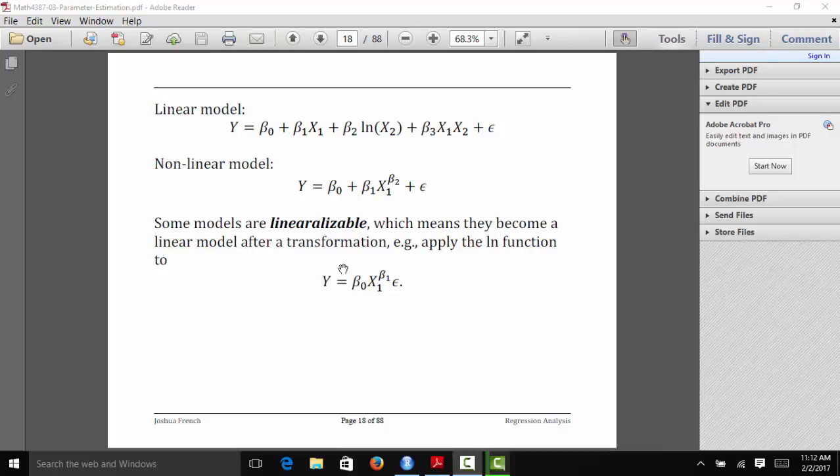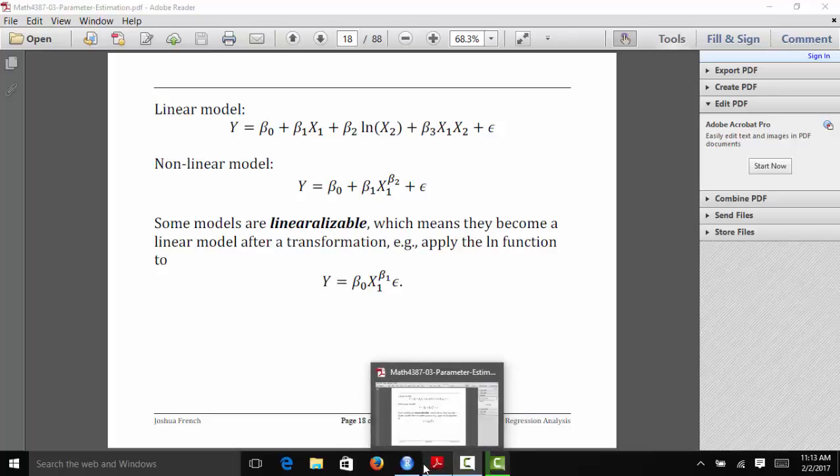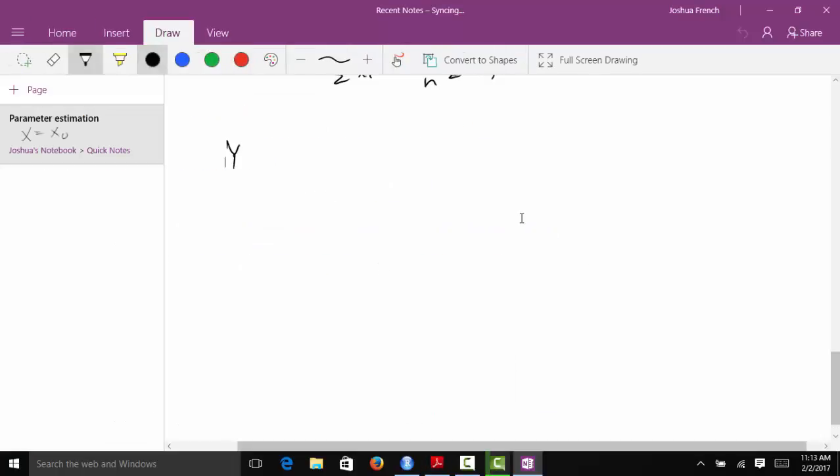So if you look at this equation down at the bottom, y equals beta naught times x1 to the beta 1 power times epsilon, if you take the log of that, then it actually becomes a linear model. So we had y equals beta naught times x1 to the beta 1 power times epsilon.